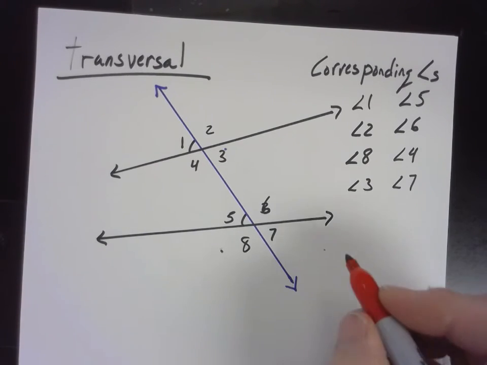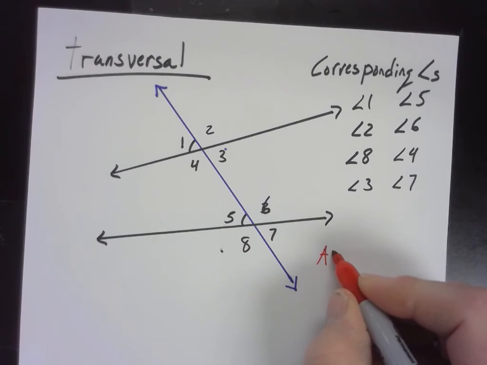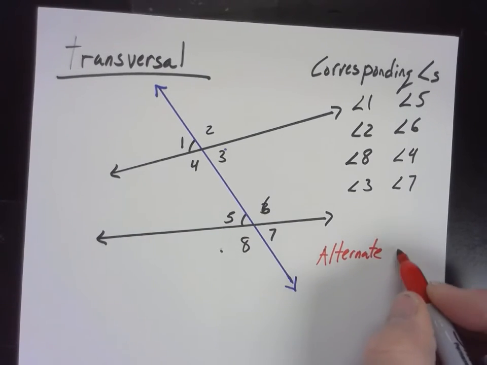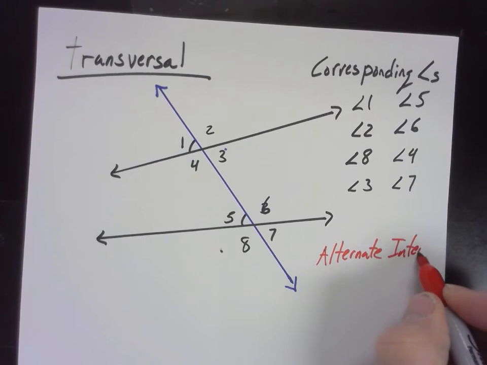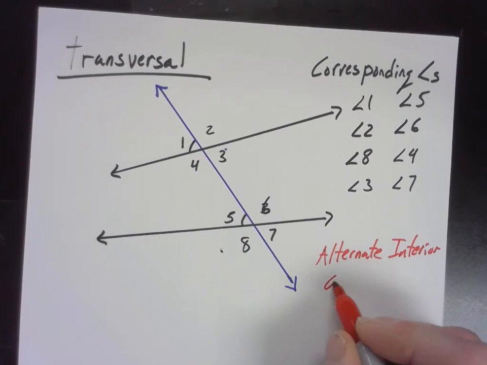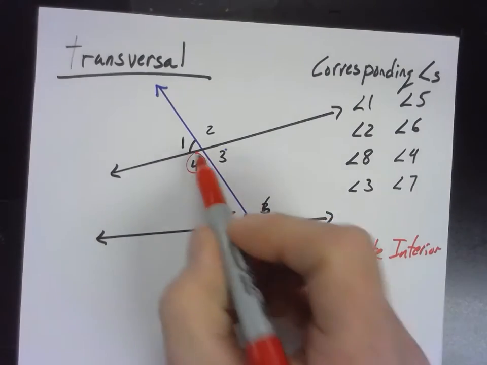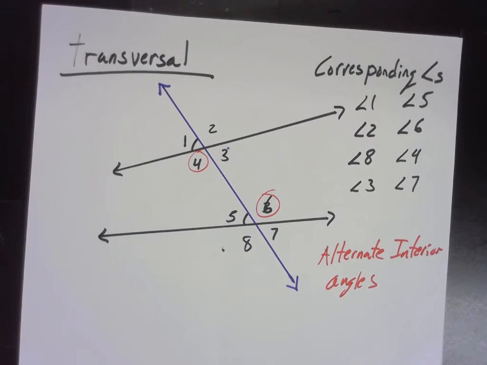Let's see, the next one we better talk about is alternate interior angles. And I'm going to show you one right now. Angle 4, angle 6. Let's start off with the interior part. Do you see why they're interior angles?